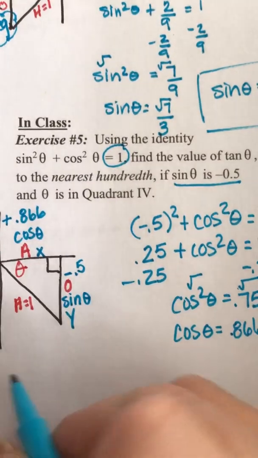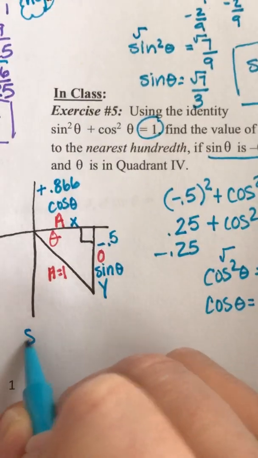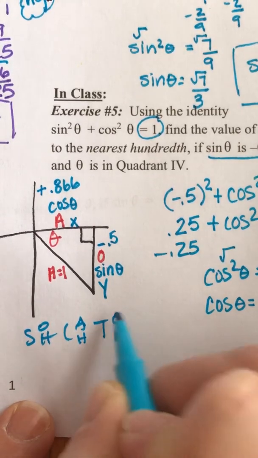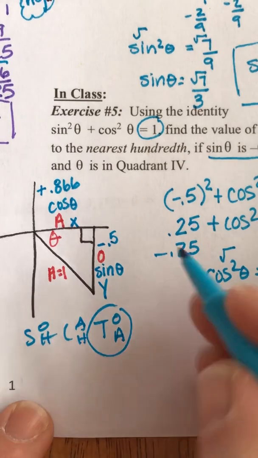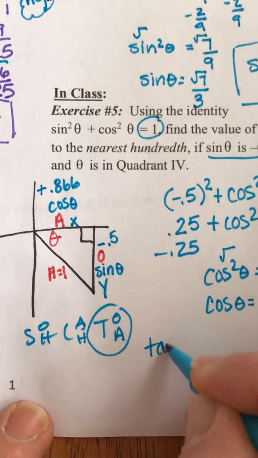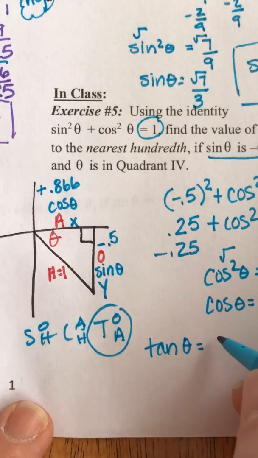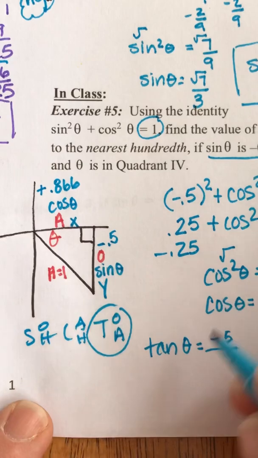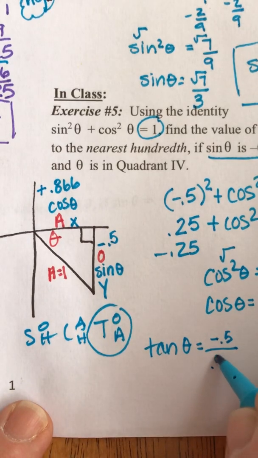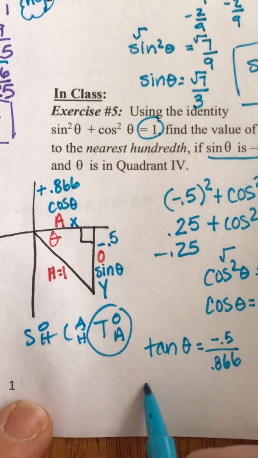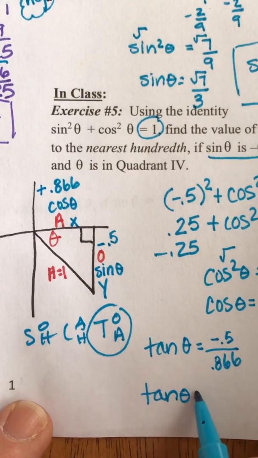So, tan, using SOHCAHTOA. Tan is O over A. So, the tangent of my angle theta, O, is negative 0.5. And A is a positive 0.866. Let's just go ahead and do that division in our calculator and get our final answer.